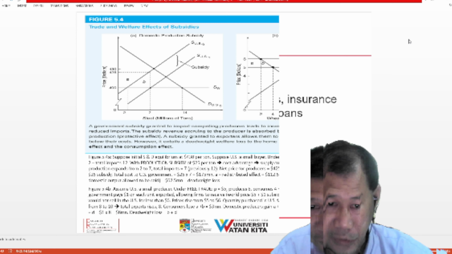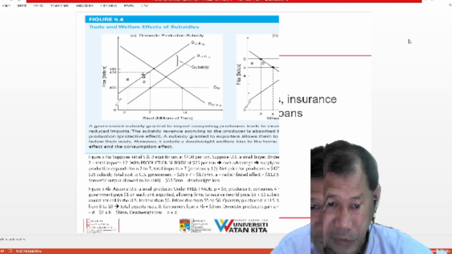B is the protective effect, because it's more costly. Domestic output is allowed to be sold. And B, the consumers has lost it, but doesn't go to anyone. So B is dead weight loss.